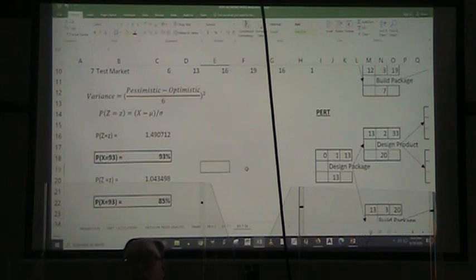Okay, so either way, we have a good probability of being able to finish the product and all the steps in our network before the deadline of 93 time units.